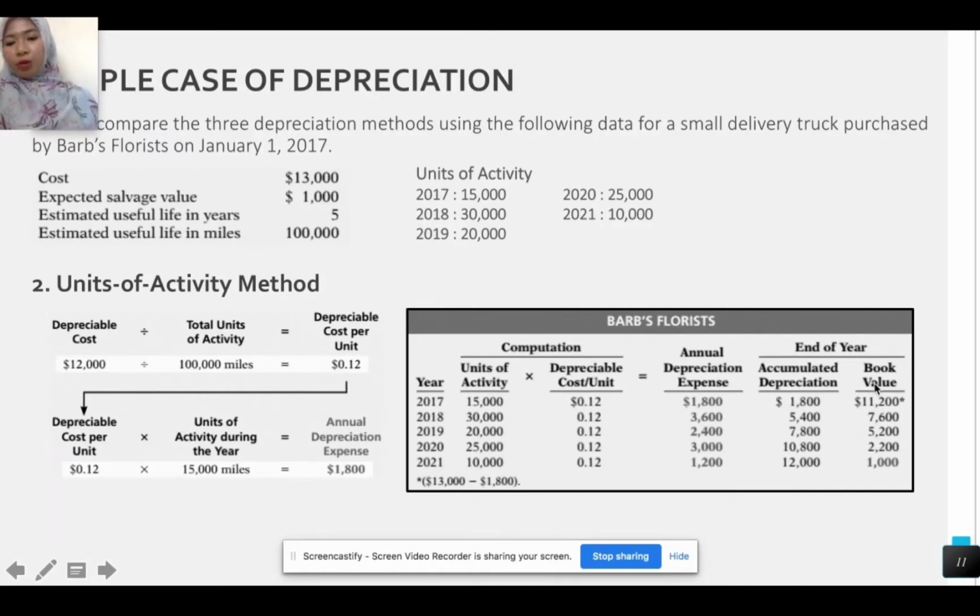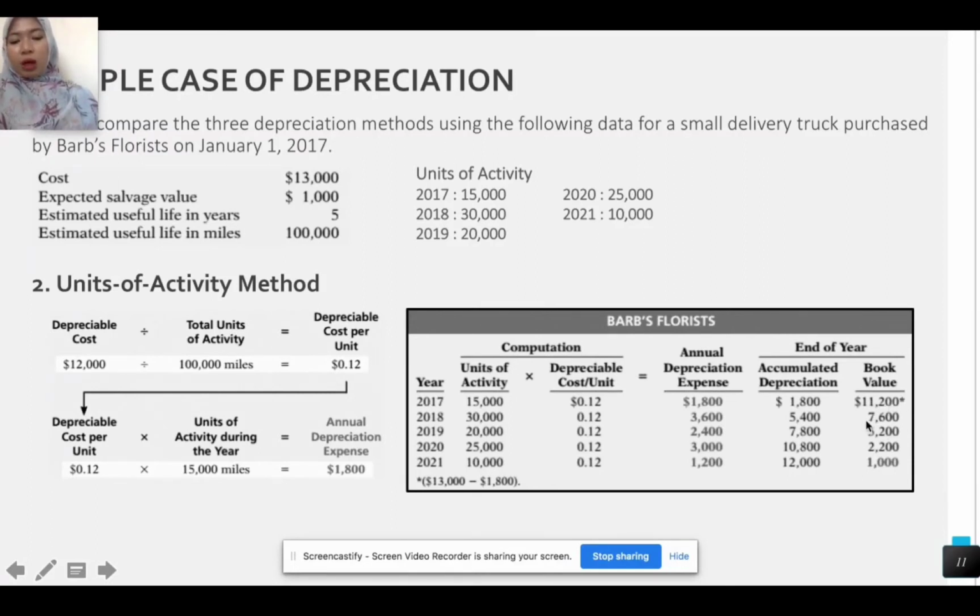Now book value. Book value uses the same formula, that is cost minus accumulated depreciation. So for 2017 it is $13,000 minus $1,800. So book value is $11,200.